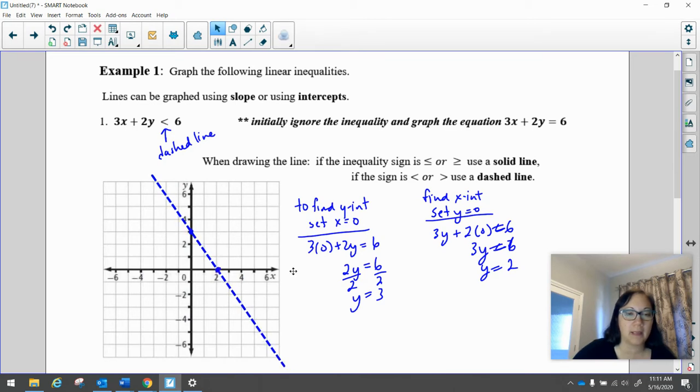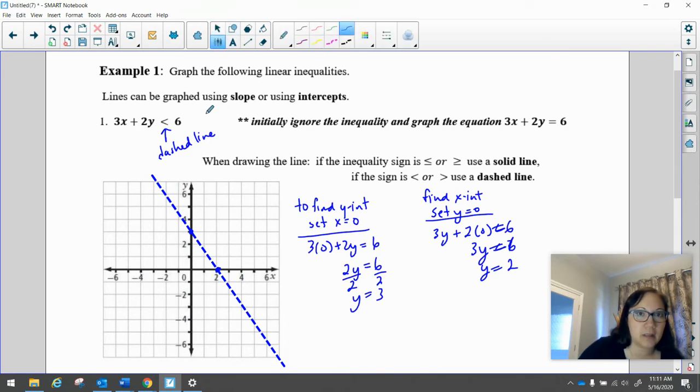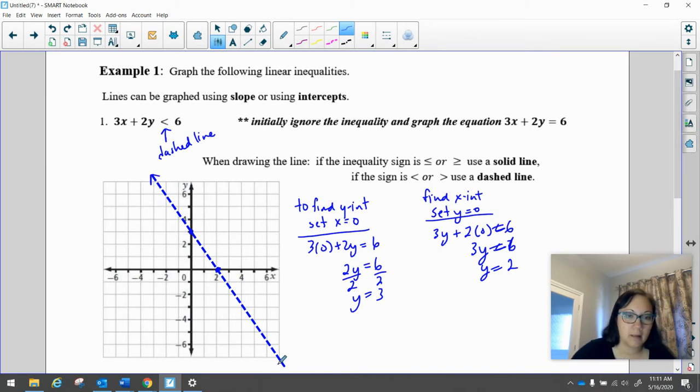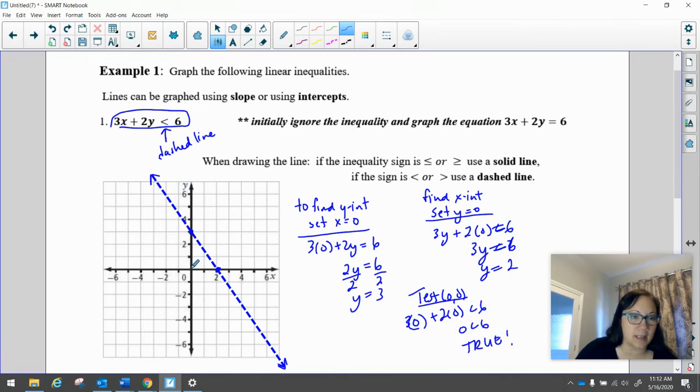There is my line. I am going to put arrows on this dashed line here. The fact that it's dashed means that the points on the line are not solutions. I'm going to test 0, 0 in my inequality. So I would end up with 3 times 0 plus 2 times 0 is less than 6. I get 0 is less than 6. That is true. That means 0, 0 is part of my solution region.